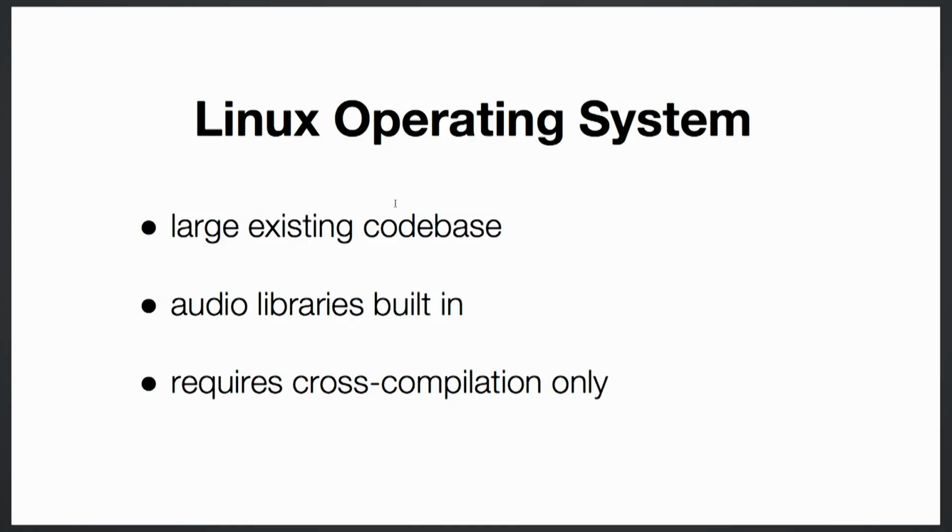It's quite expected. It's a real-time patched Linux. It's really nice because it has a large existing code base. It has audio libraries already built in. We can build in more packages if necessary. And because we are not using a DSP, but a general purpose CPU, it's mostly about cross-compilation. If it runs on your desktop, it will run inside the Duo.